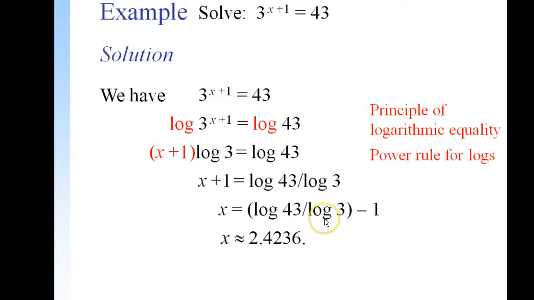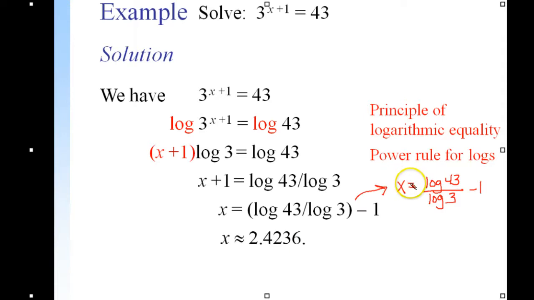And we have to put that in our calculator, of course, and this is what we get. Now, this is written in the way I like to write it, because it shows you really what you're doing. This is log base 10, we don't write the 10, of 43, divided by log base 10 of 3, and then minus 1.